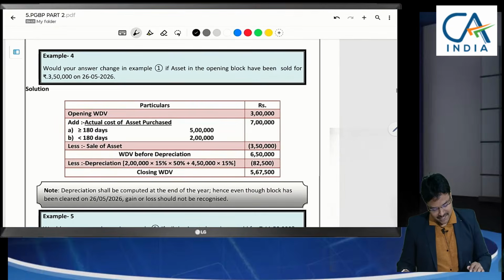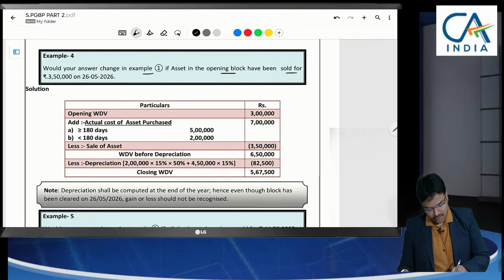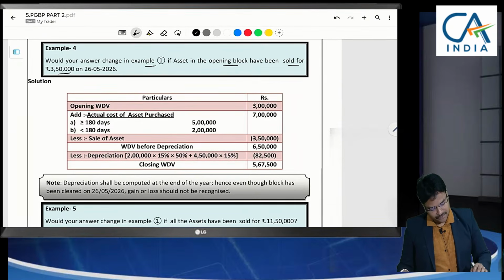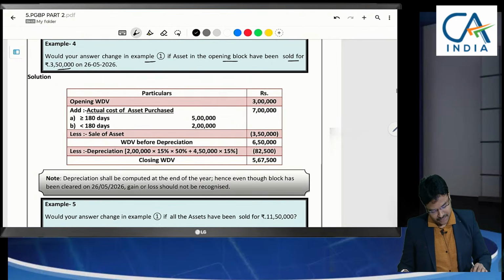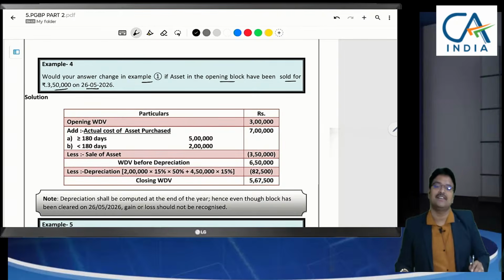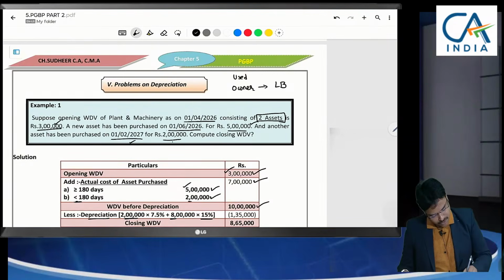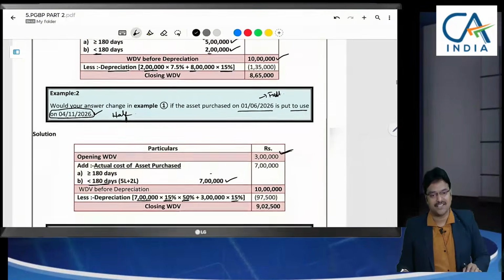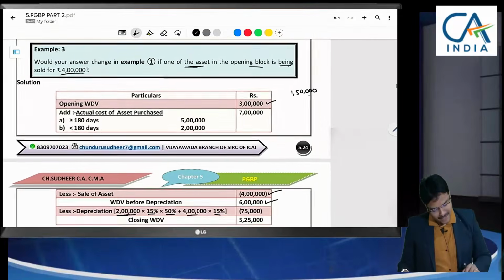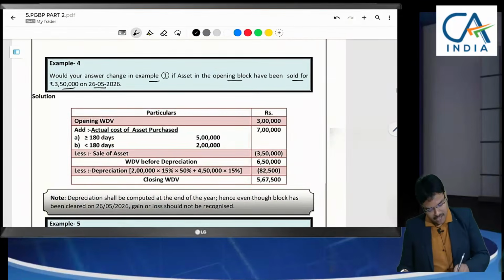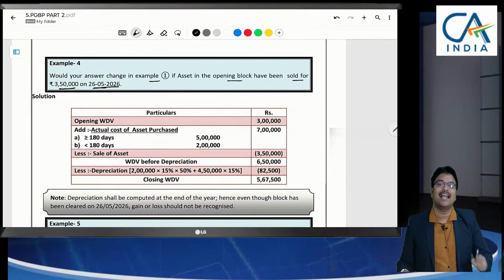Next, would your answer change in example 1 if the asset in the opening block had been sold for 3,50,000? Sir, if an asset in the opening block is sold for 3,50,000 on 26/5 itself, when we purchased the new asset on 1/6 in June, before purchasing the new asset, the old assets were sold for 3,50,000.